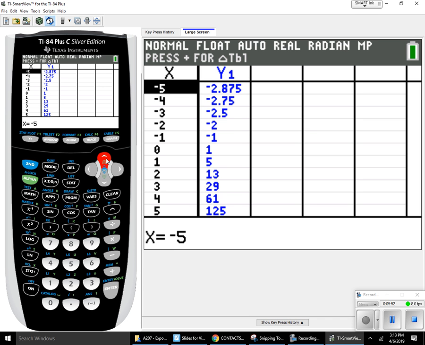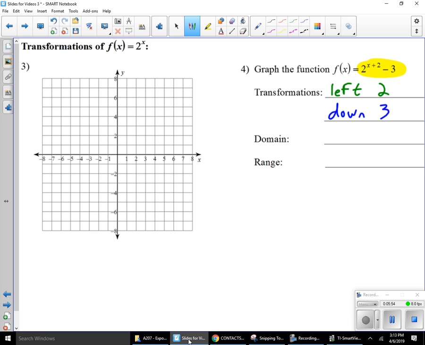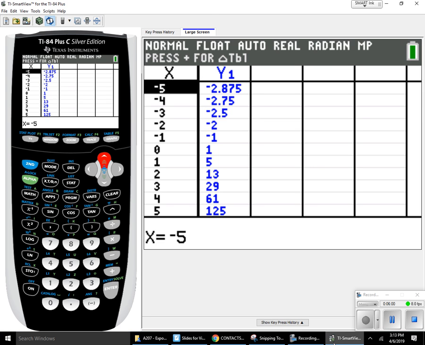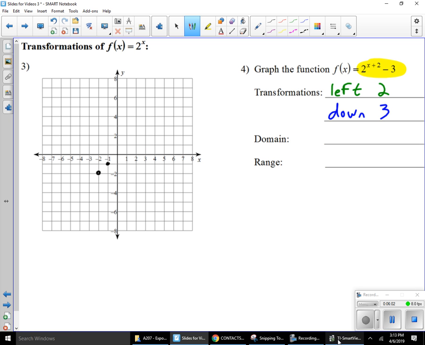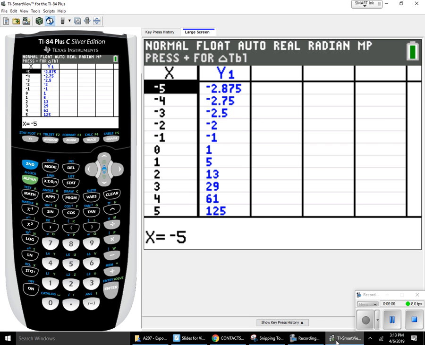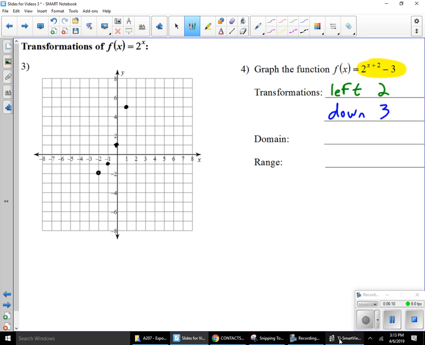So -2, -2 is a nice clean point. I believe we also had -1, -1 as a nice clean point. We also have 0, 1, 1, 5. And that is the last one that fits because 2, 13 will not fit on this graph. So we have a few nice whole number points.